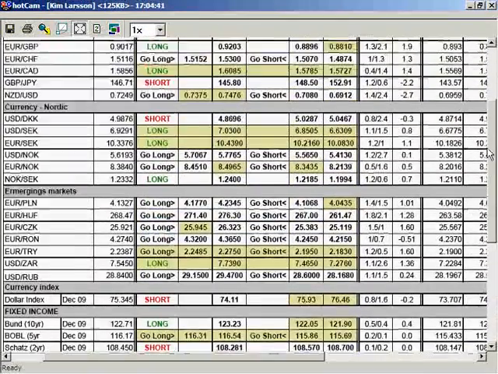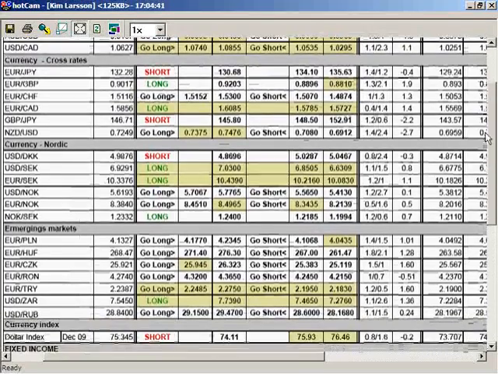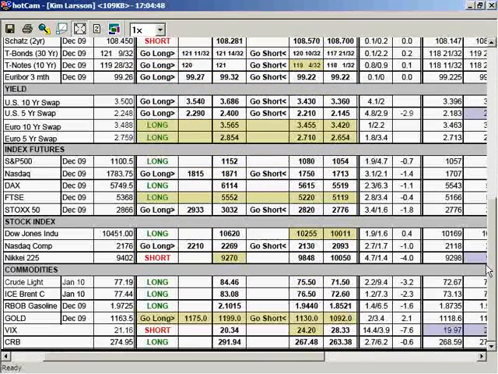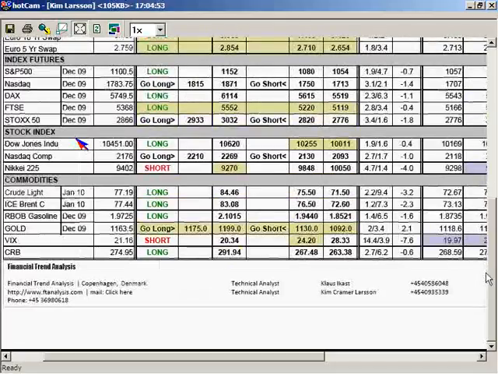Then we have some fixed income, some Eurobonds and T-notes from the US, yields, some equity index futures, and also some cash index. And down at the bottom, finally, we have some commodities and the volatility index. CRB is a commodity index, the Jefferies commodity index. We have the crude light also. Good.